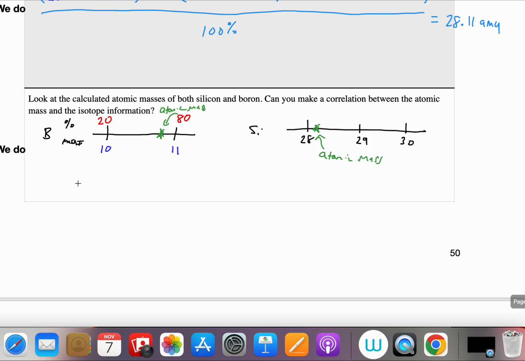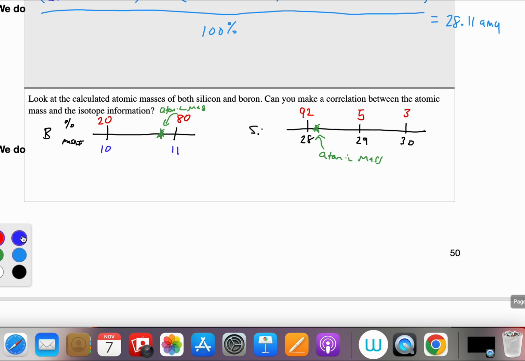Does that weighted average make sense based on the percent abundances? Well, the isotope with a mass of 28 makes up around 92% of all Si atoms. The 29 makes up around 5%, and the Si atoms with a mass of 30 make up around 3%. So Si-28 has the greatest abundance, so the atomic mass is closest to it.